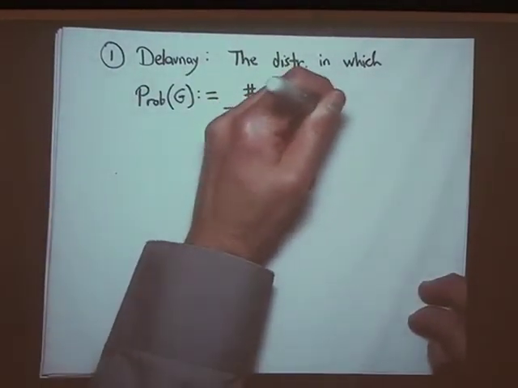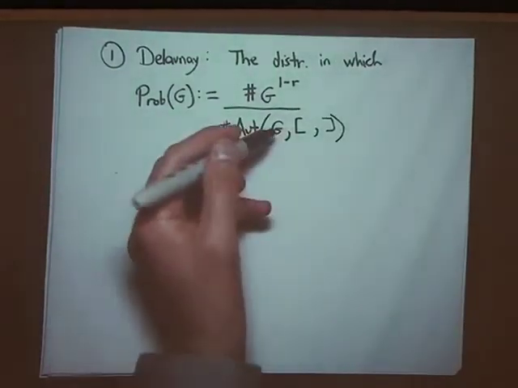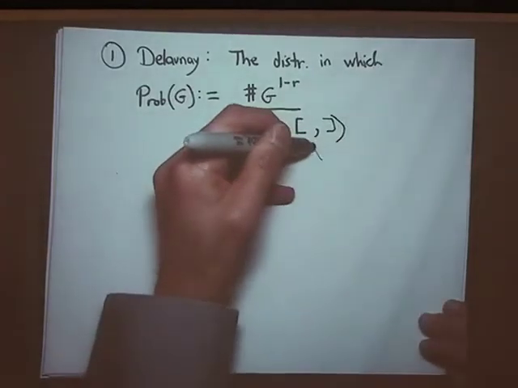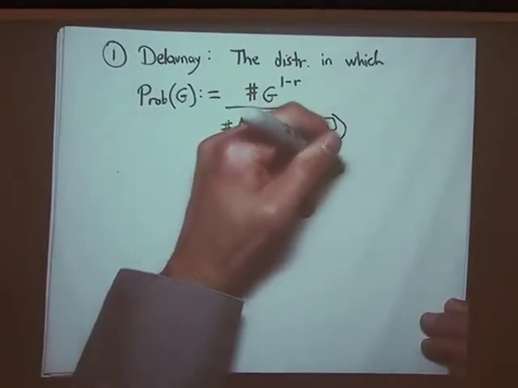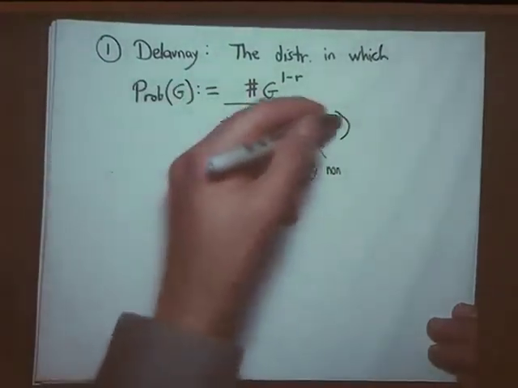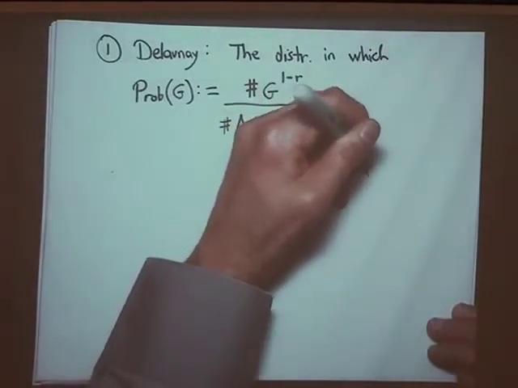When you look at the relative frequency of those groups, you should think of the whole structure, the group equipped with that non-degenerate alternating pairing. Then the automorphism group should not be just the automorphism group of G, but the automorphism group of the pair.